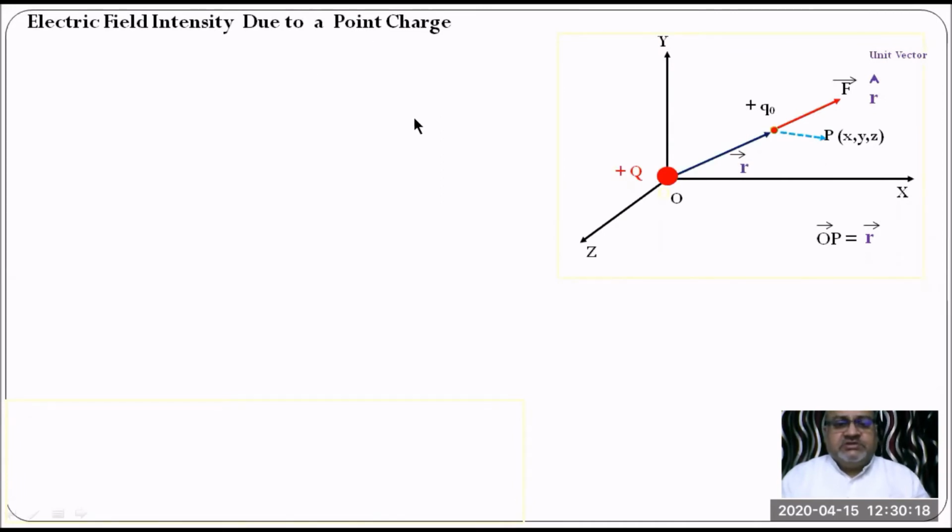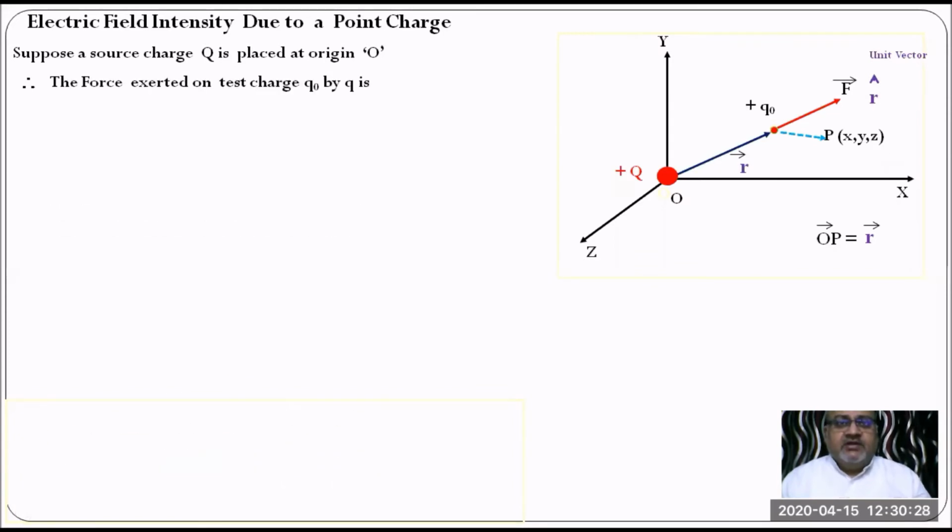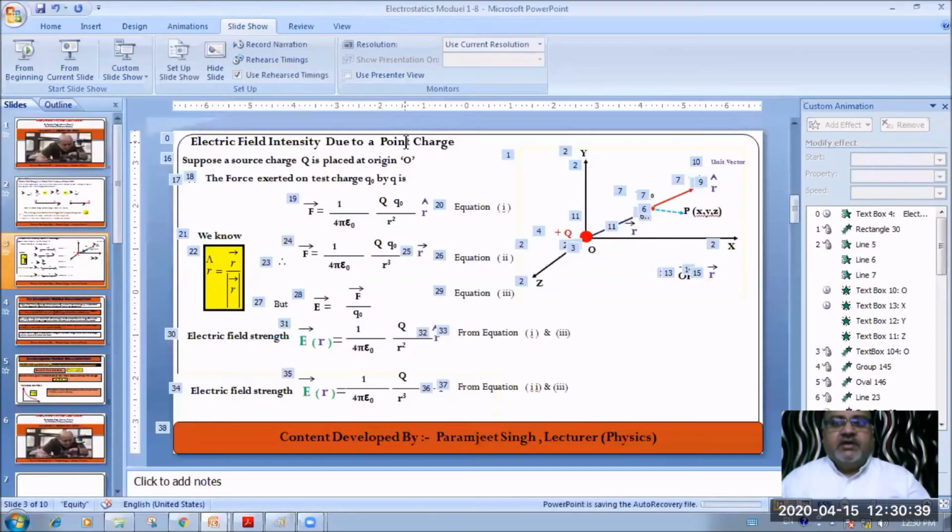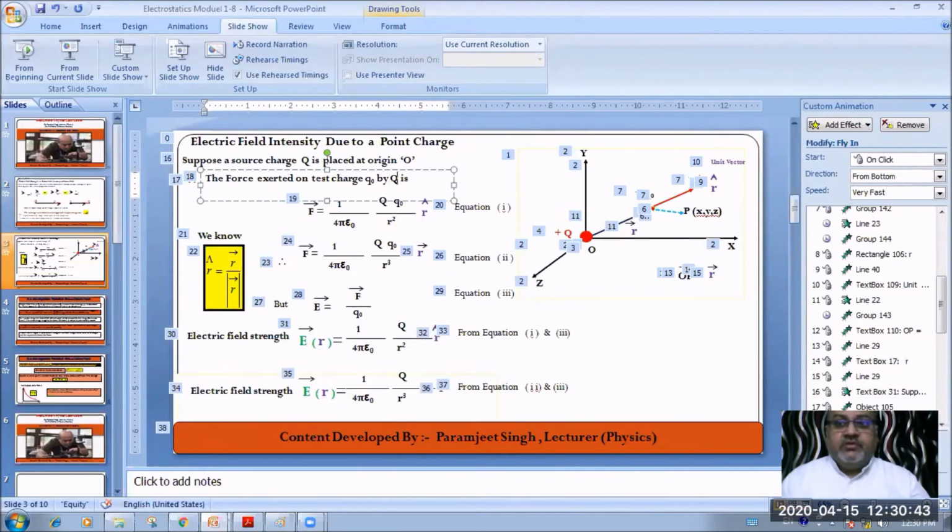We use the sign R for position vector. Now suppose a source charge Q is placed at the origin, I have described it. Hence, the force exerted on test charge Q naught by capital Q will be, here I correct a little bit, not small q, this is capital Q. Okay.